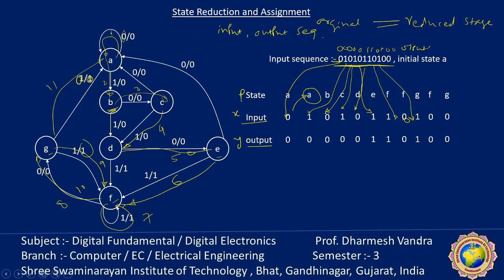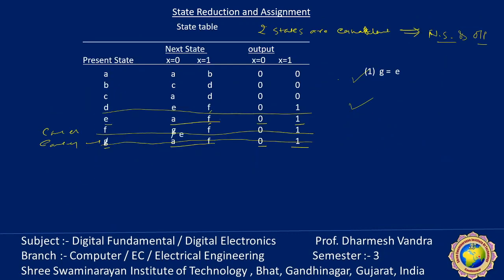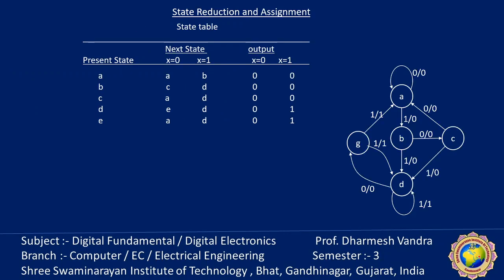Here 5 times 0, 2, 1, 0, 1, 0. So the output remains same in both conditions. As we reduce the circuit state table, the output remains same, and this is the final A, B, C, D, E. 5 states are there. 2 states are removed, and this is the new state diagram, the reduced state diagram.